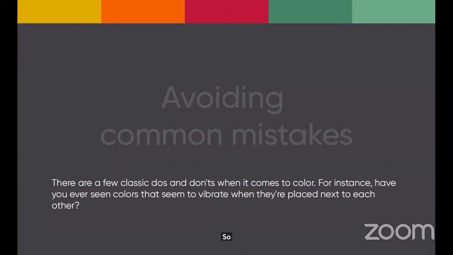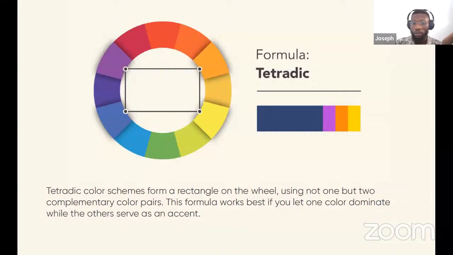So when they do that, I get the question, right? You have to first of all look at the color wheel and ask yourself, do these colors fall under complementary, or analogous, or monochromatic?